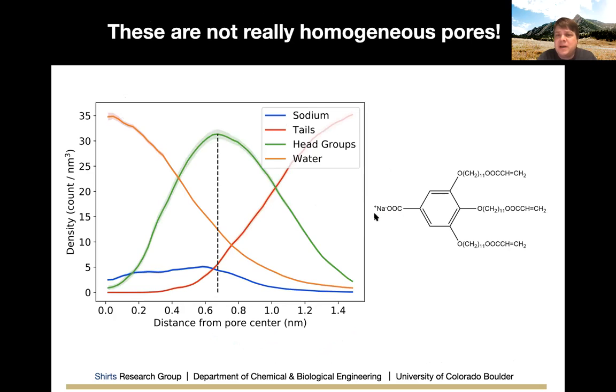The sodium, the counterion for the head group, is spaced out moderately all the way from 0 to 0.8 nanometers. The tails actually have a moderate contribution, out as far as 0.8 nanometers. And so it's hard to say what the effective pore size is at this point, because it will depend upon what sorts of groups you're interacting with in the molecule.